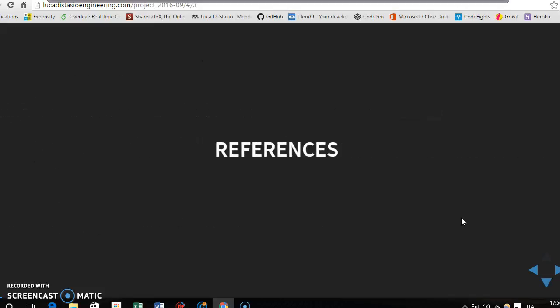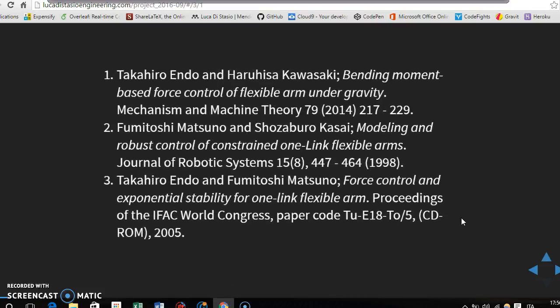References: this is not the orthodox way to present the references. They should be at the end, but I prefer to put them at the beginning to highlight on which papers we are gonna work. So 3 papers in particular.